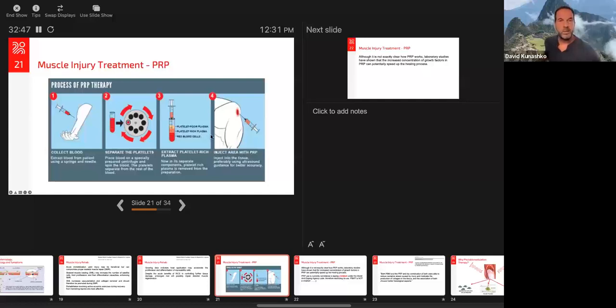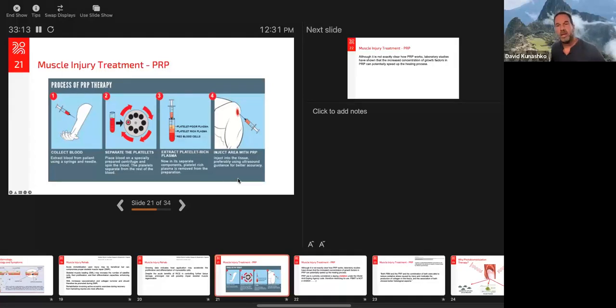PRP, or platelet-rich plasma, is now being used routinely, especially for athletes. For those of you who are not quite aware of that, it's basically homologous blood. It's drawn out of your body, spun down in different cycles, the platelet-rich serum is extracted, and then injected back into the injured area.